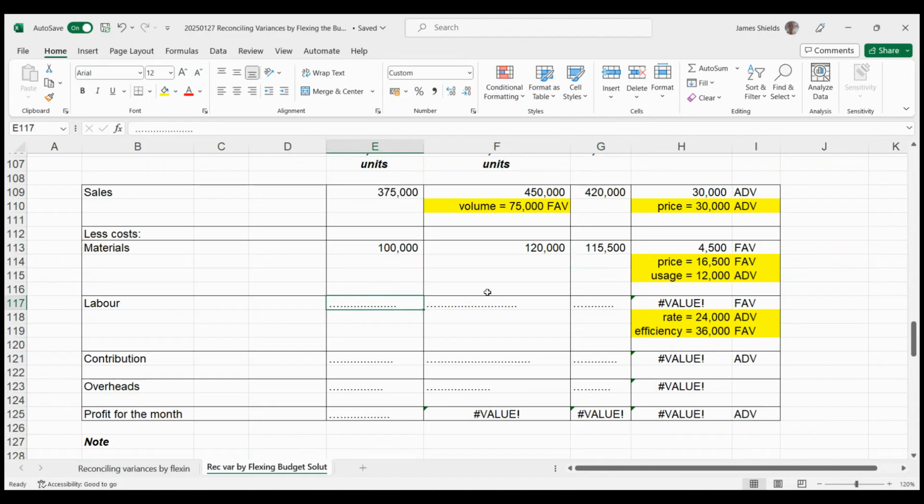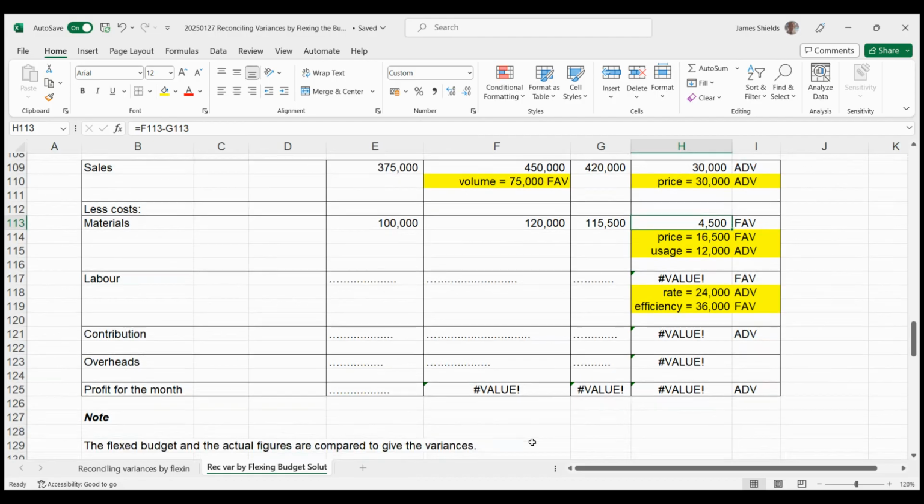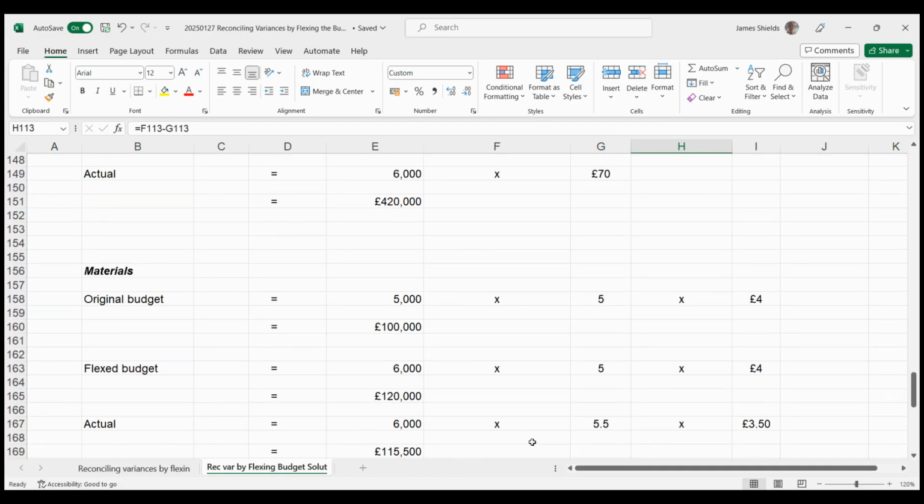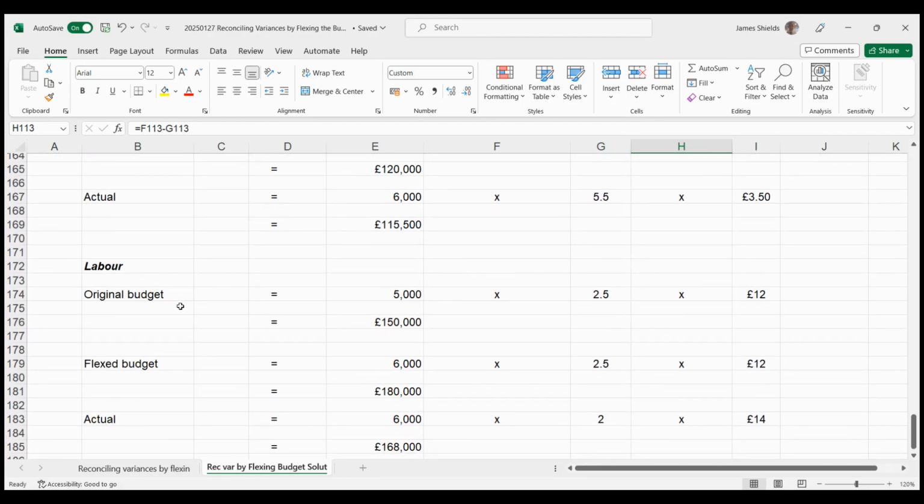Now, taking the materials, you can see the variance is 120,000 take away 115,500, which gives us 4,500 favourable. Right, labour next. The original budget was 5,000 units times 2.5 hours at a rate of £12, which gives us £150,000.